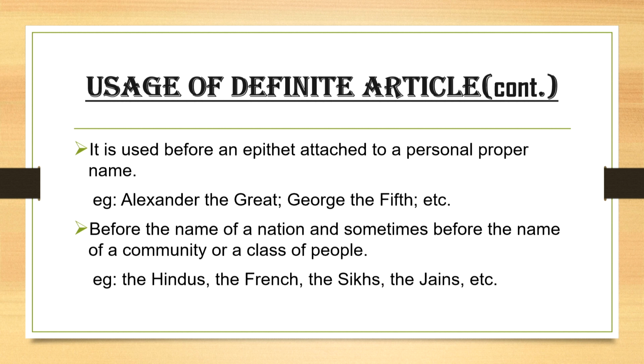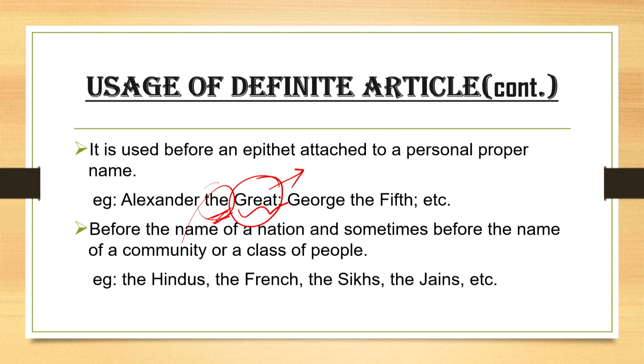Now, another usage of the definite article, it is used before an epithet attached to a personal proper name. For example, Alexander the Great. So, here great is your epithet, and hence the article the is used before great.